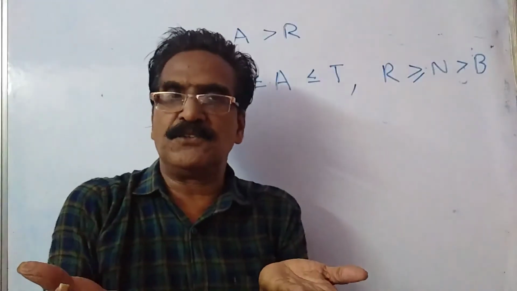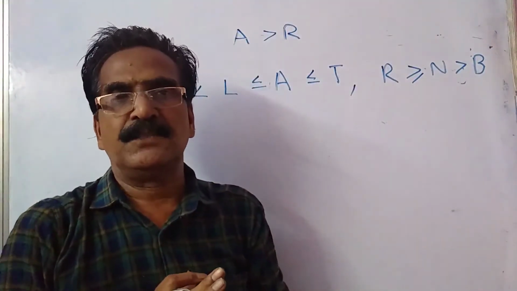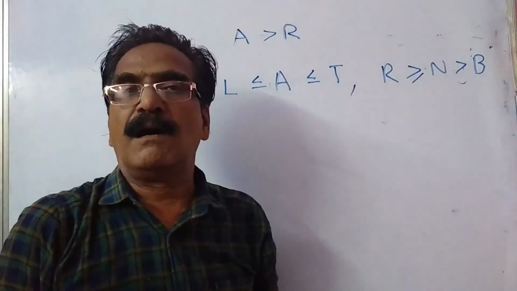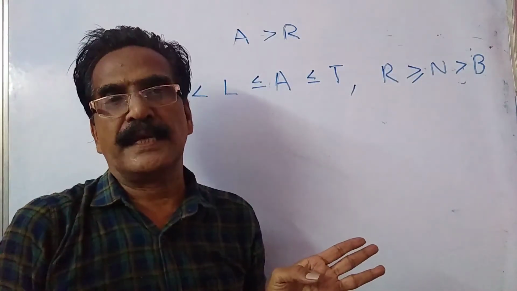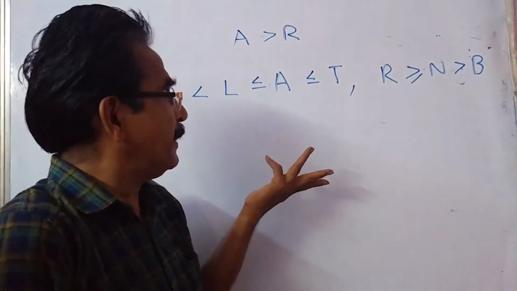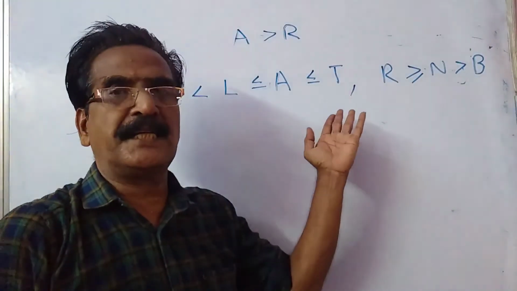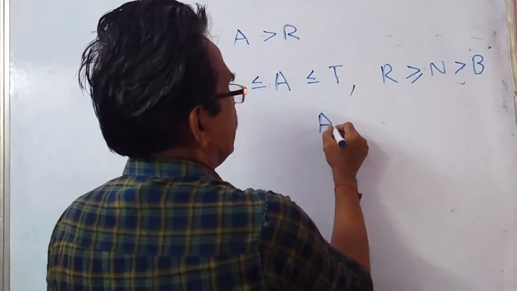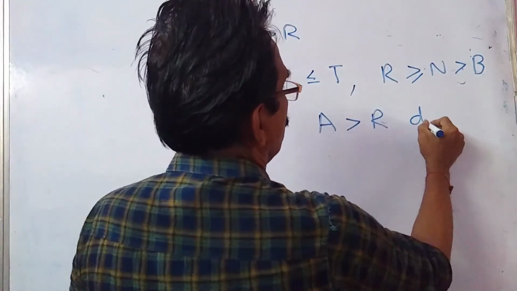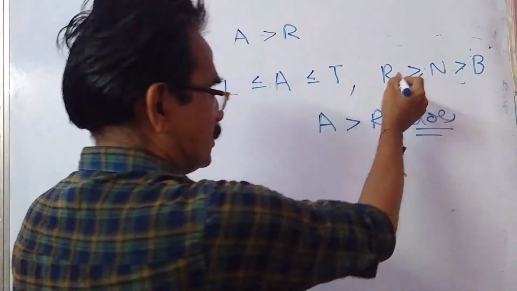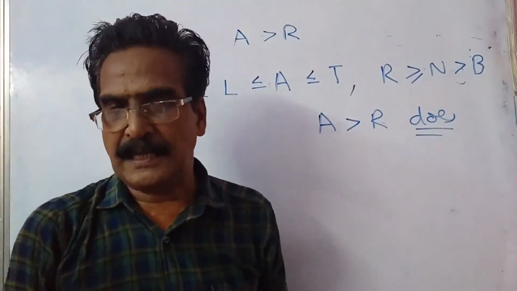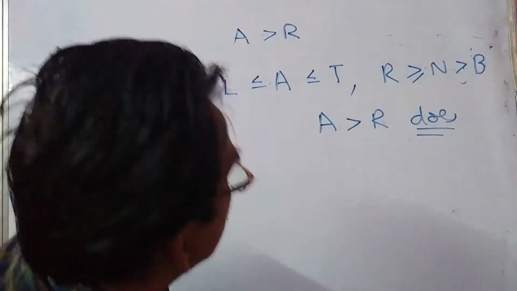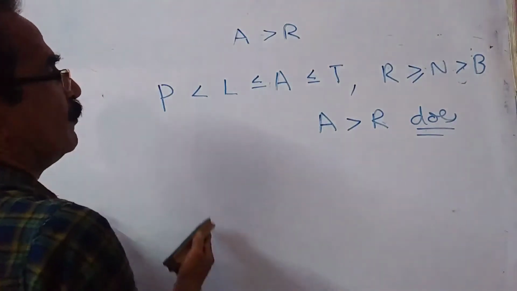So you cannot establish any relation between A and R. Maybe, but we don't know. So you can't say A greater than R. That means A greater than R does not hold good. So the fourth option is right.